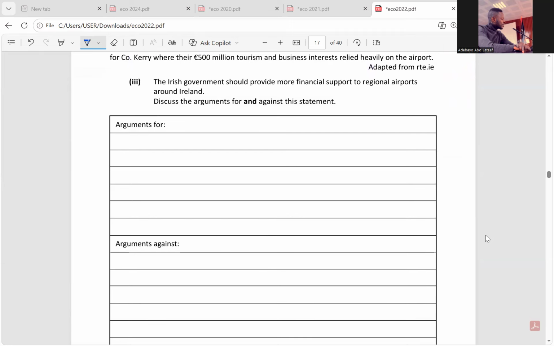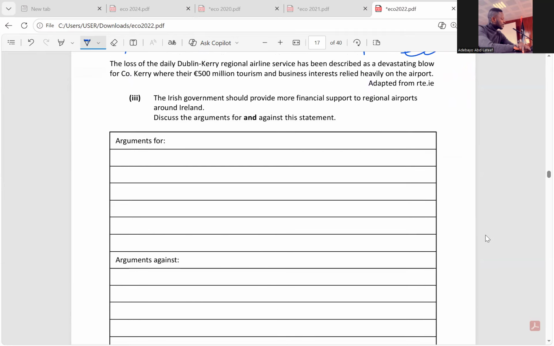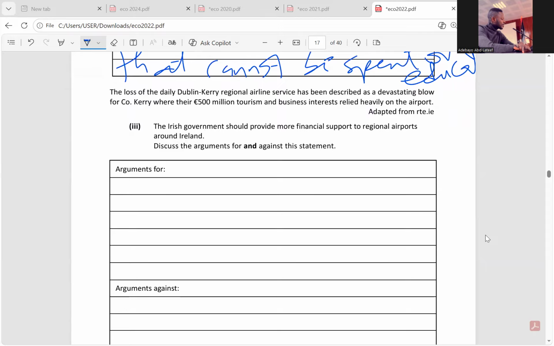Are we together? So they said the Irish government should provide more financial support to regional airports around Ireland. Discuss the argument for and against this. Argument for: providing more financial help will increase employment opportunity.